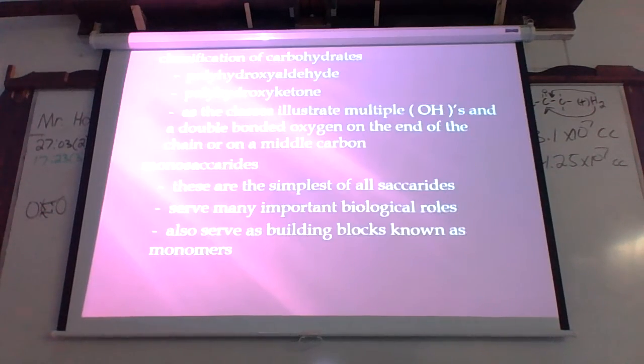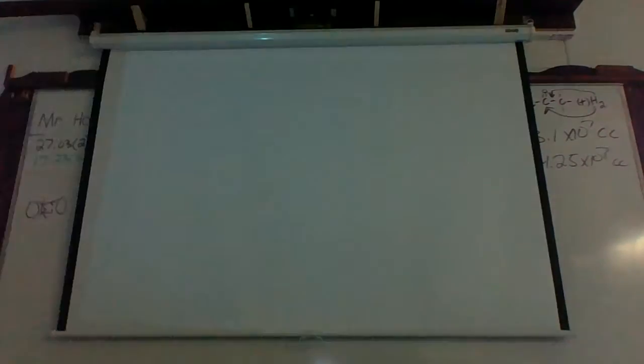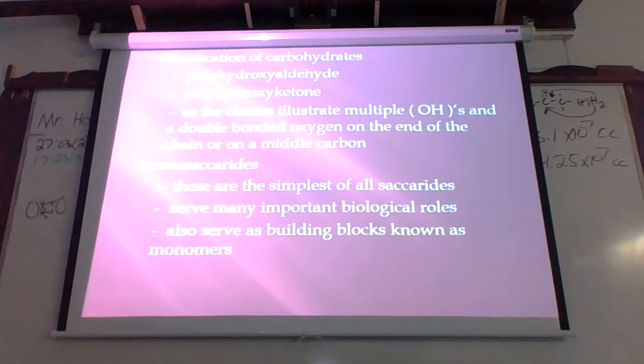Okay, let's see once more. Okay, so notice that we don't have a lot to go over, but this will be the last slide we go over for today. Polyhydroxyaldehyde, polyhydroxyketone. Okay, and I think that was on your vocab list from last chapter.